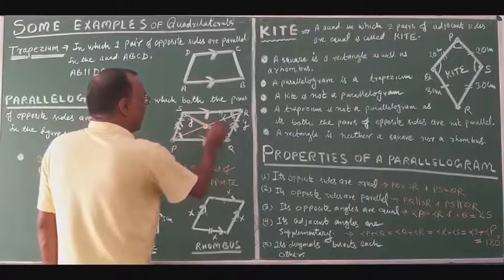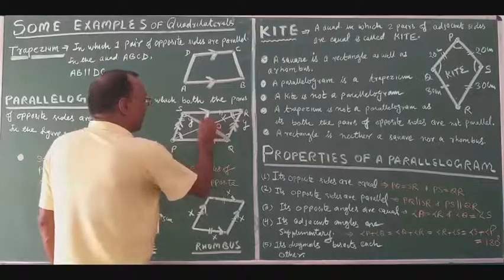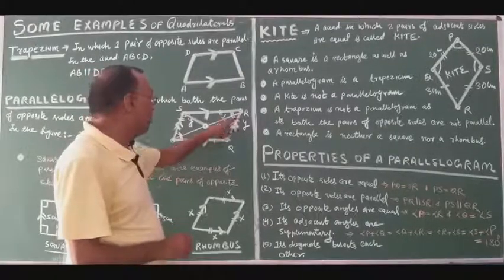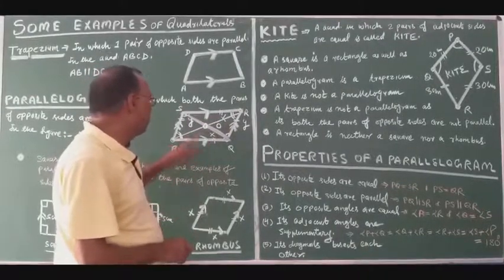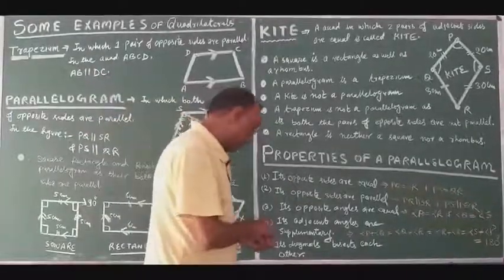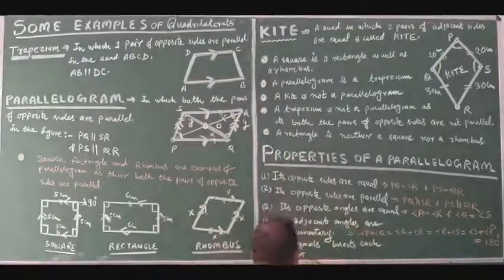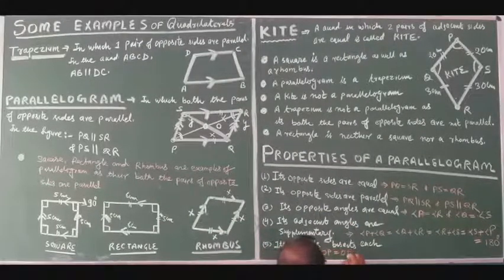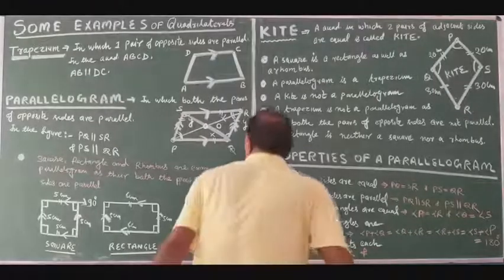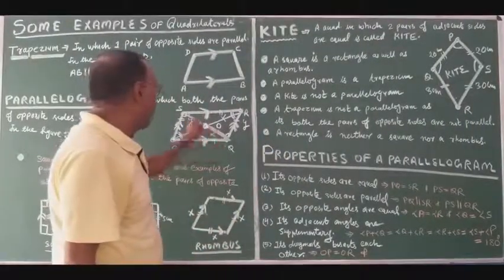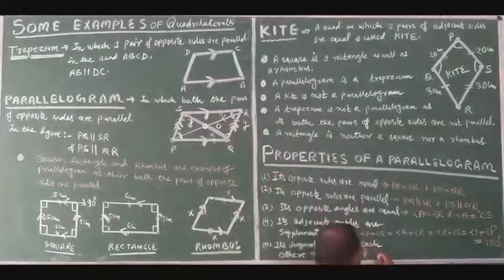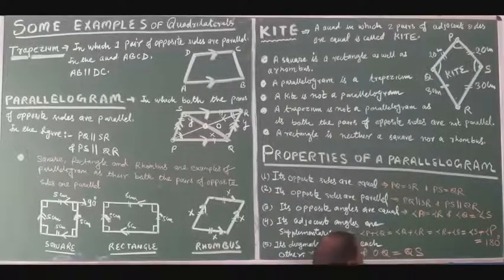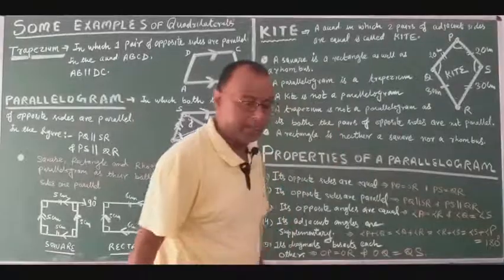Suppose they intersect at point O. It means they bisect each other, that is, OP is equal to OR, and the other one is OQ is equal to OS.